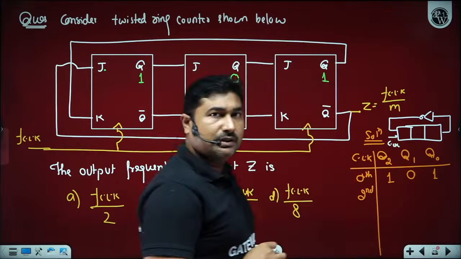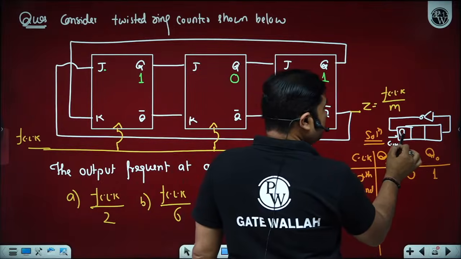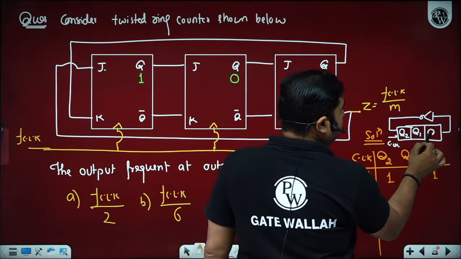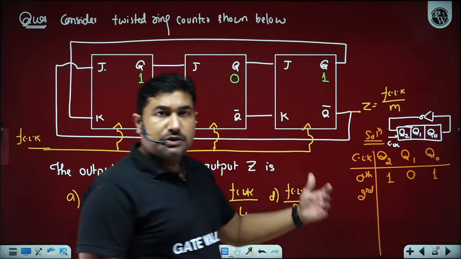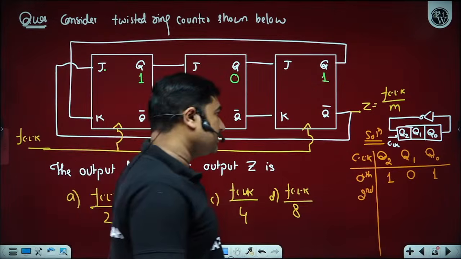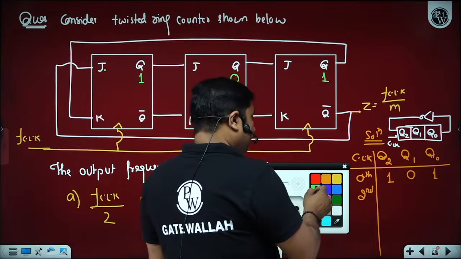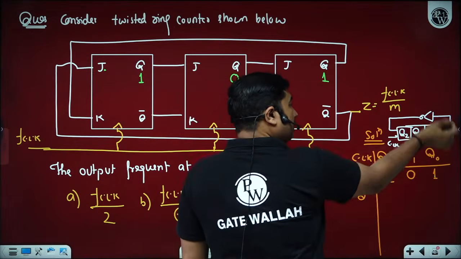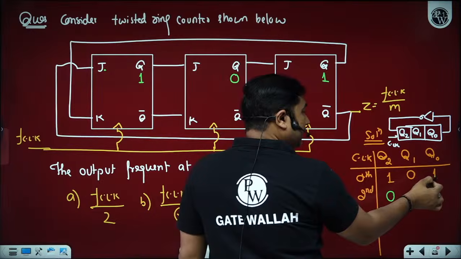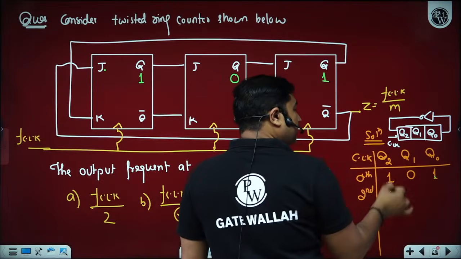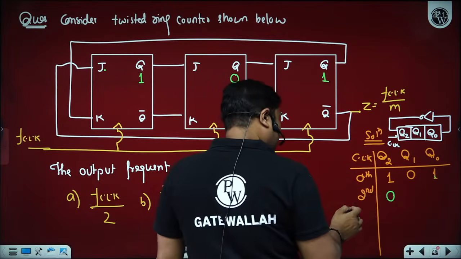Here Q2 data is shifted to Q1 and Q1 data is shifted to Q0. Q0 complement data is again shifted to Q2. Q0 is 1, so its complement will become 0 on the first clock pulse.